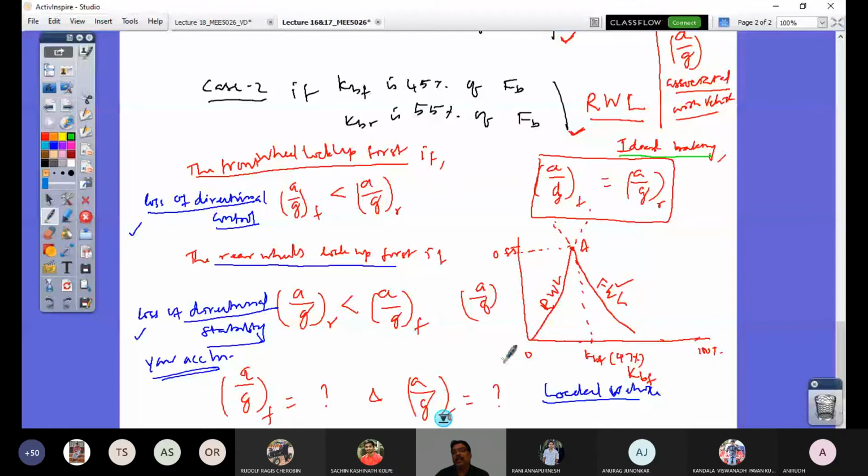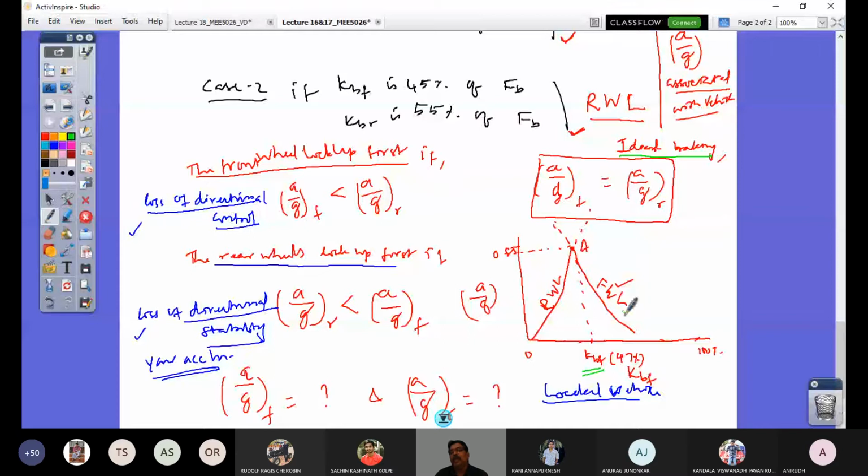This line essentially gives you, for a given distribution of braking effort or braking torque in the front axle and the rear axle, as a function of the front axle, the limiting value of deceleration associated with the vehicle just before the rear wheel lock. Similarly, this line FWL is the front wheel lock boundary.